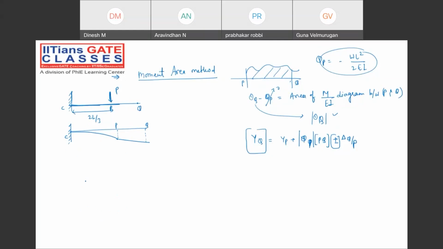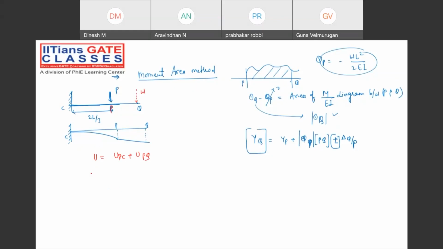Suppose you need to calculate by Castigliano's theorem. There is no load acting at this particular point, so what do you do? Apply some imaginary load W. Try to find the slopes and strain energy for PQ plus the strain energy for QC.